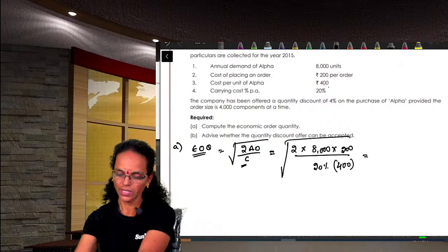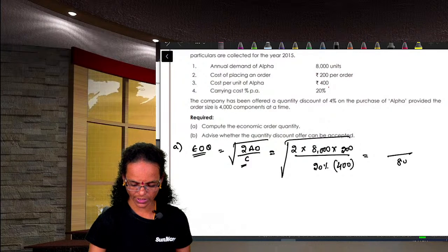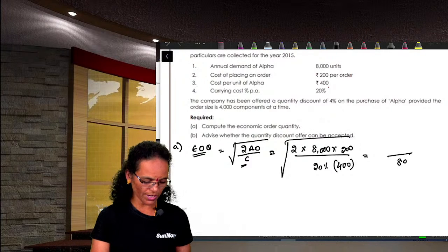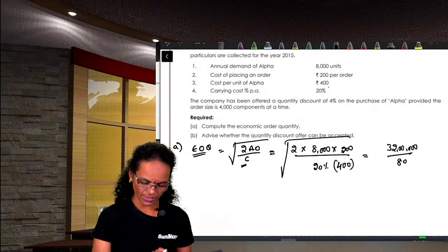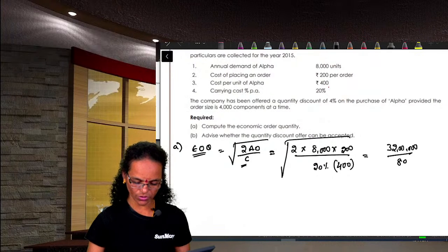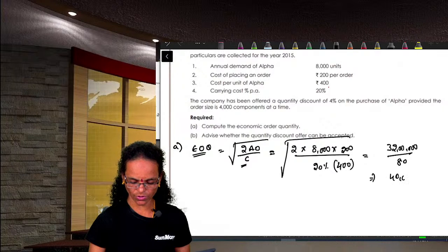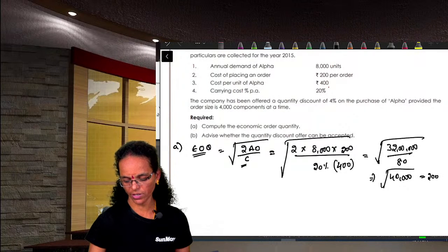Now you take the calculator: 400 into 20% is 80 in the denominator; 2 into 8,000 into 200 is 32 lakhs, divided by 80. You get the answer 40,000 under root. Now put the under root, so you get 200 units.